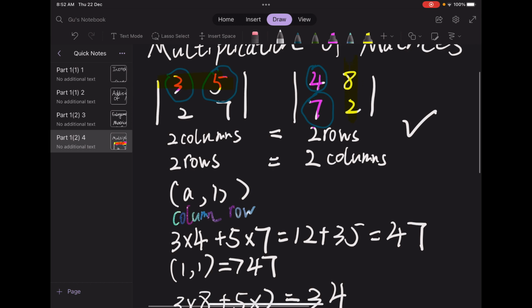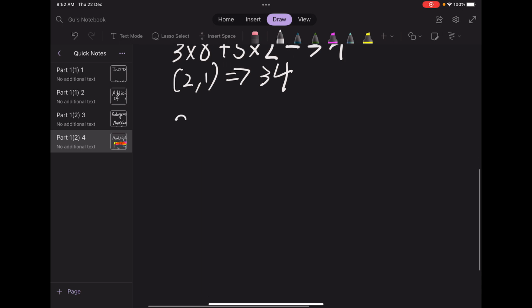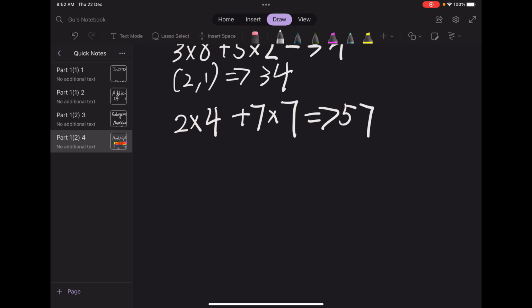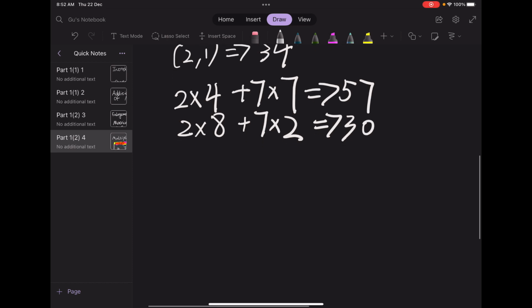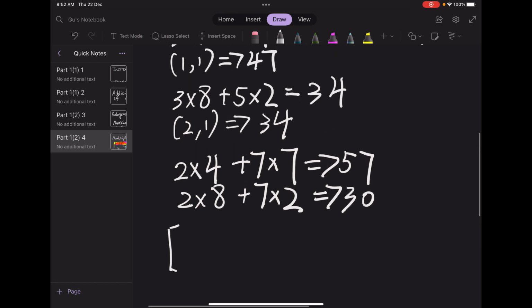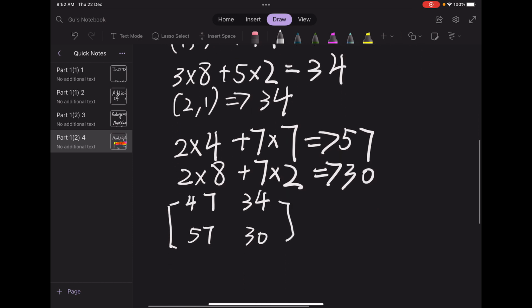So we do 2 times 4 plus 7 times 7, which gives us 57, and we do 2 times 8 plus 7 times 2, which is 30, which means the result we can get is going to be 47, 34, 57, and 30. This is going to be the result we get.